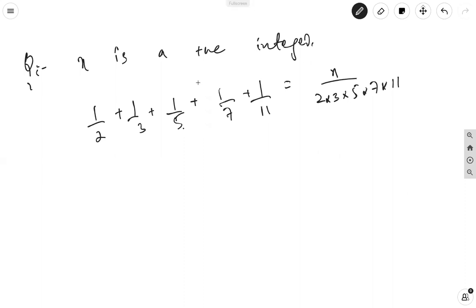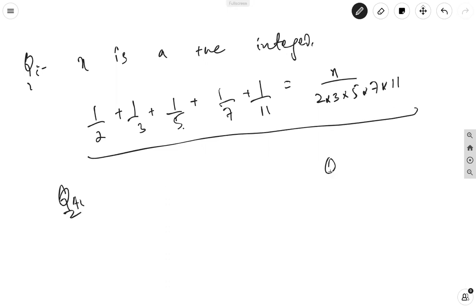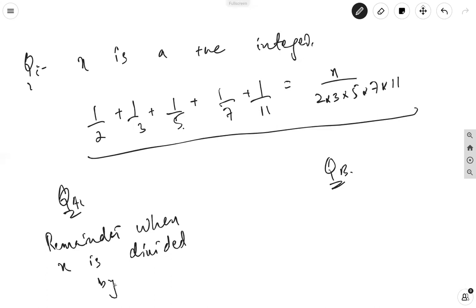The question is, if x is a positive integer such that this expression is possible. This is a quantity comparison question, quantity A and quantity B. Quantity A is the remainder when x is divided by 7, and quantity B is 5.